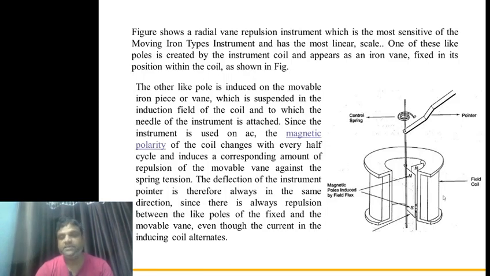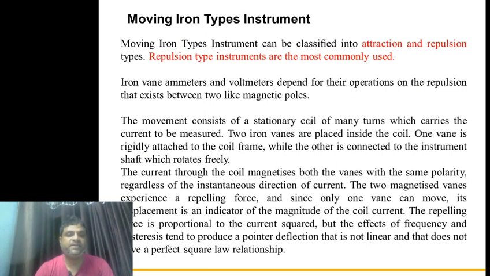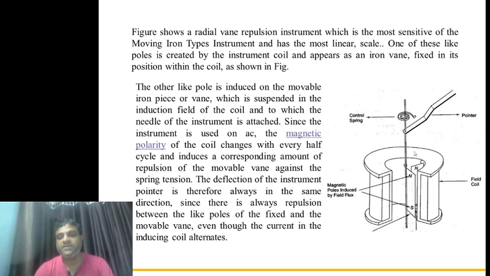Similarly, we see another N and S magnetic force. So what we have here is one stationary coil. This particular N and S is connected to a stationary coil, and this particular structure forms a rotating part.